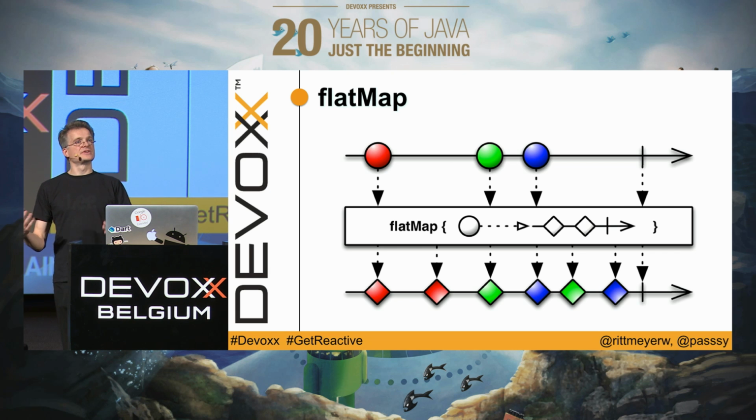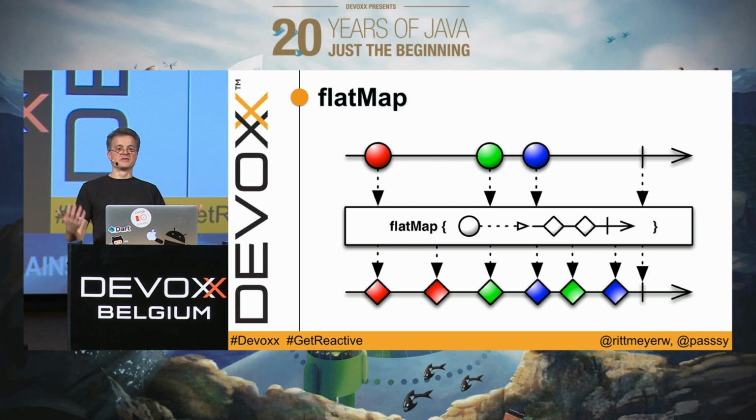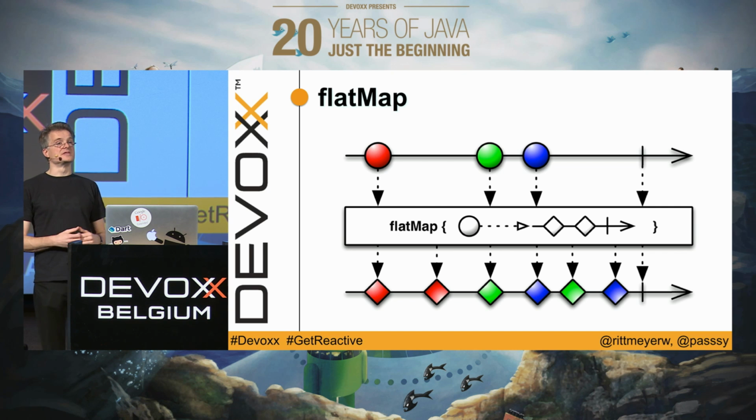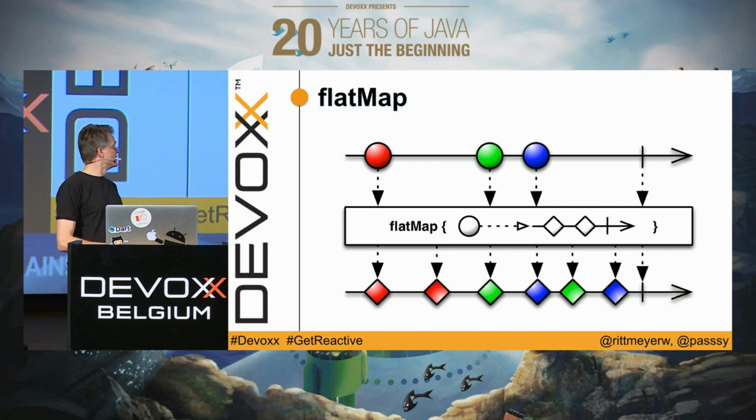And that's not what you're interested in. You want an observable of this some stuff. So what flat map does is it gets rid of this inner observable and merges all the items that are emitted within these inner observables. As you can see here at the bottom, it's really merging. It's not that first all red items are emitted, then all green, and then all blue. But the greens and blues are intermixed with one another.